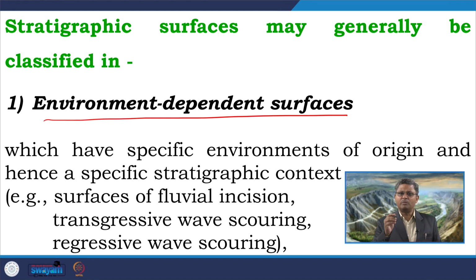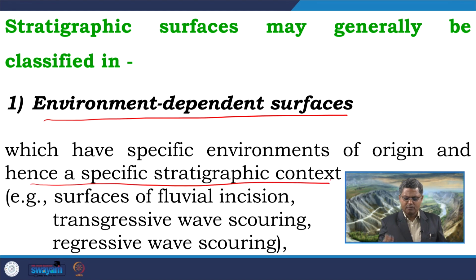That means we will identify them in a specific environment and they will be characterized by specific occurrences of particular depositional systems underlying and overlying. So, we commonly identify them within a specific stratigraphic context. For example, surface of fluvial incision.